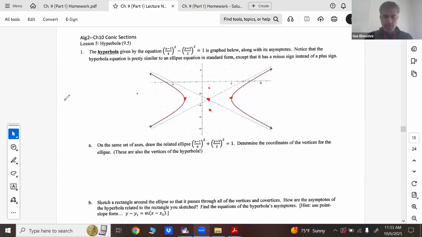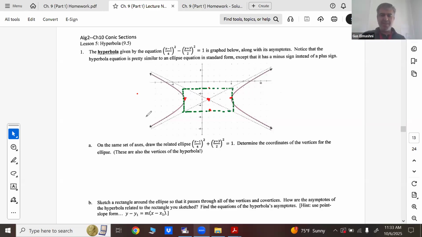And you draw an invisible rectangle as your base. And by the way, look at those asymptotes. See how they're the diagonals of the rectangle.